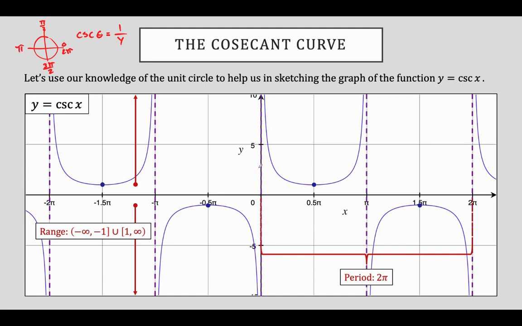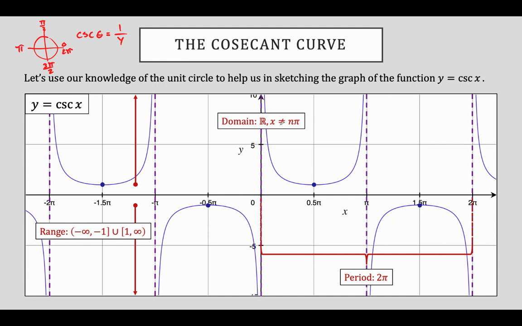So x cannot equal 0 plus n times however frequently they occur. Well, notice that we actually have a vertical asymptote every pi. That's every half period. So we say the domain, all real numbers except x cannot equal 0 plus n pi. Well, that just simplifies into n times pi. That is the graph of y equals cosecant of x.